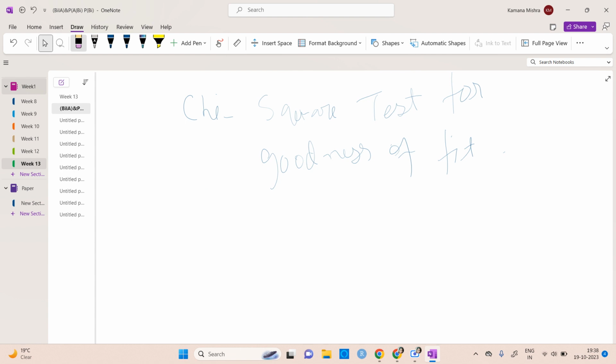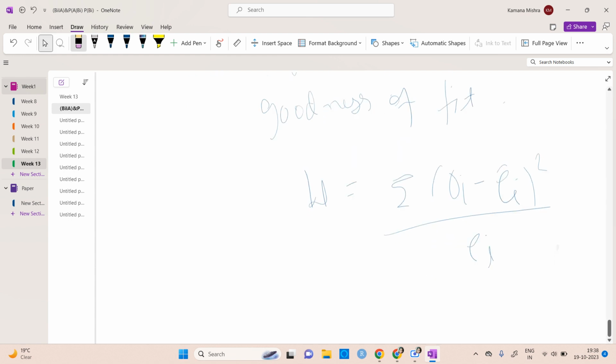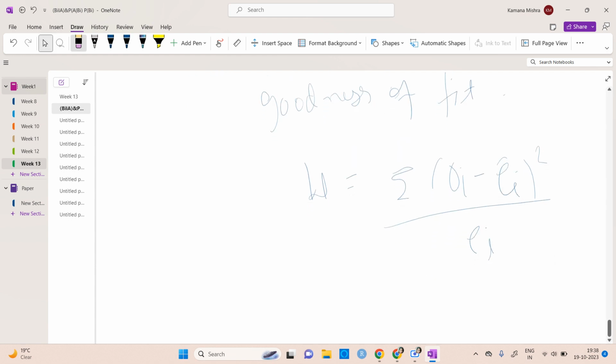So this is nothing but we find this W or W star, whatsoever you want to say. So this is (Oi minus Ei cap) whole square divided by Ei. This is the observed one, this is the expected one. So you have some observed data, the original one. Let's say you are tossing a die, and you are counting the number of 6, 5, 4, 3, 2, 1.